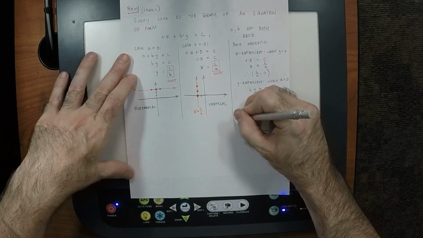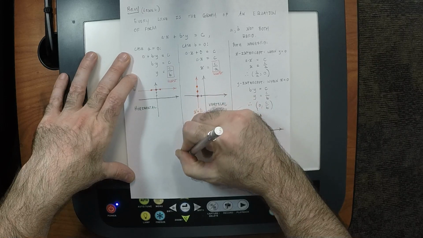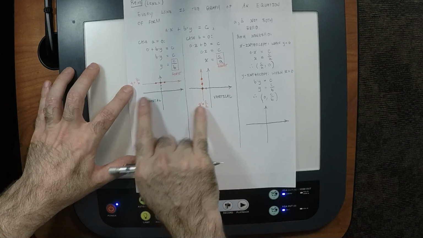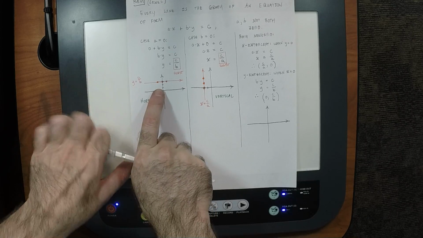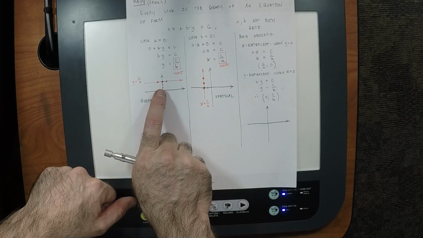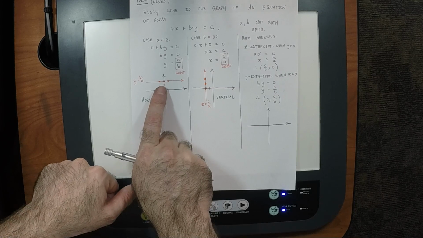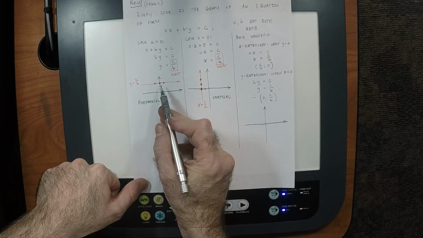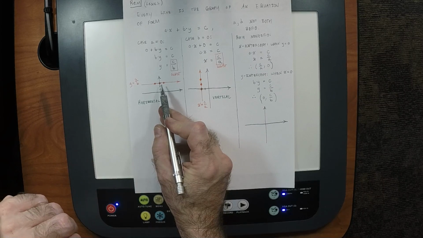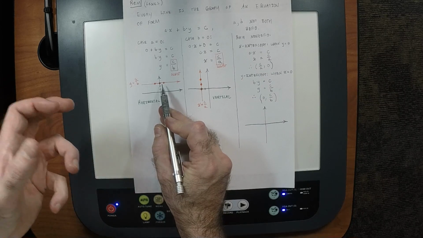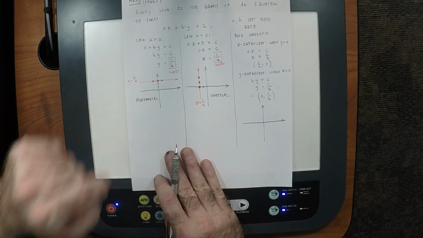So now, before I get any further, I'd like you to consider these two plots right here. Notice that this plot has a y-intercept, right there, right? And do you also observe that it has no x-intercept? This red never touches the x-axis.